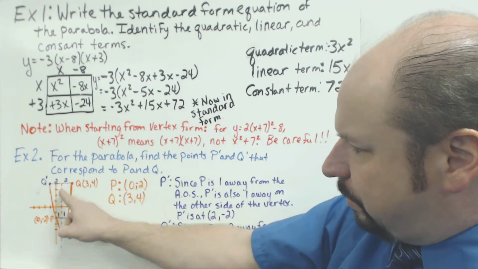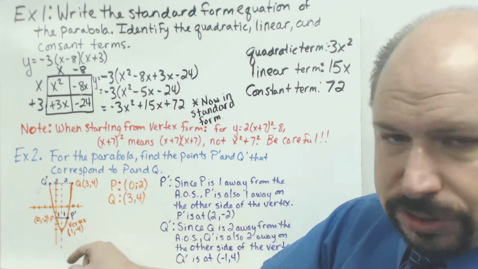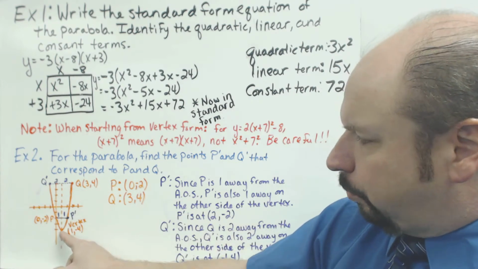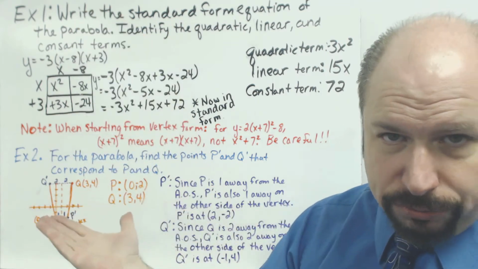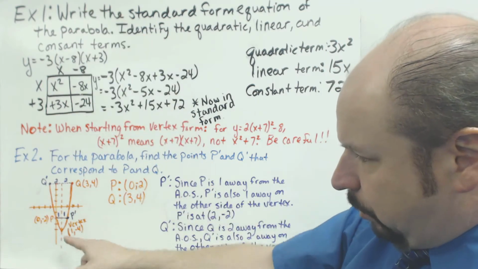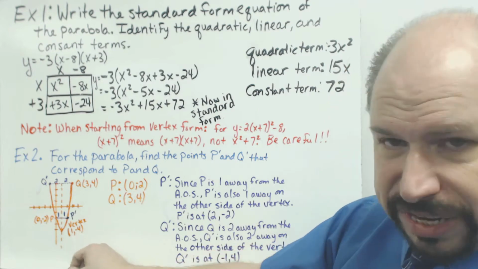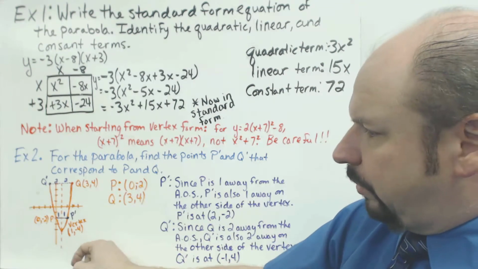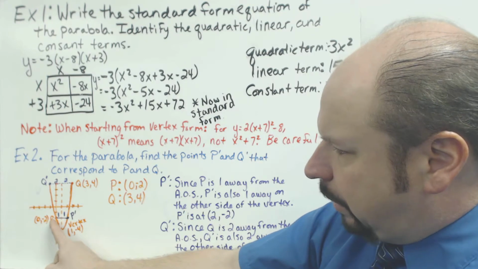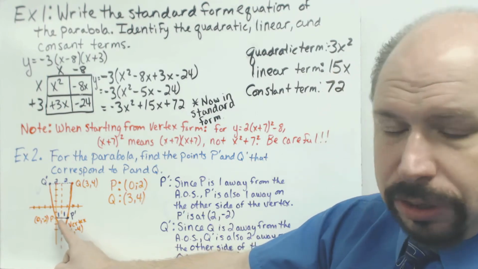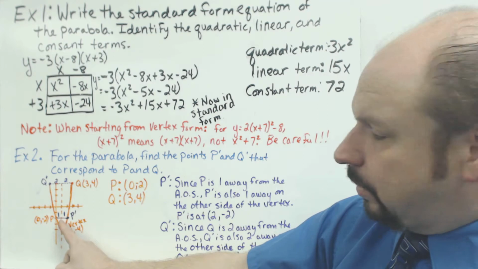And our axis of symmetry goes through the vertex, because the axis of symmetry has to go through the vertex for it to be symmetric. And our vertex is at 1, -4 in this case. So our point P is at 0, -2, and our axis of symmetry is at x equals 1.